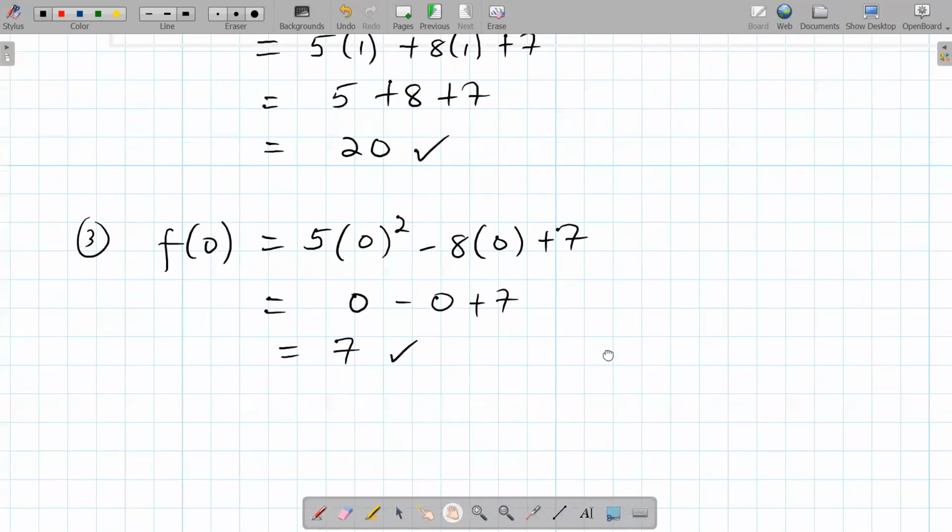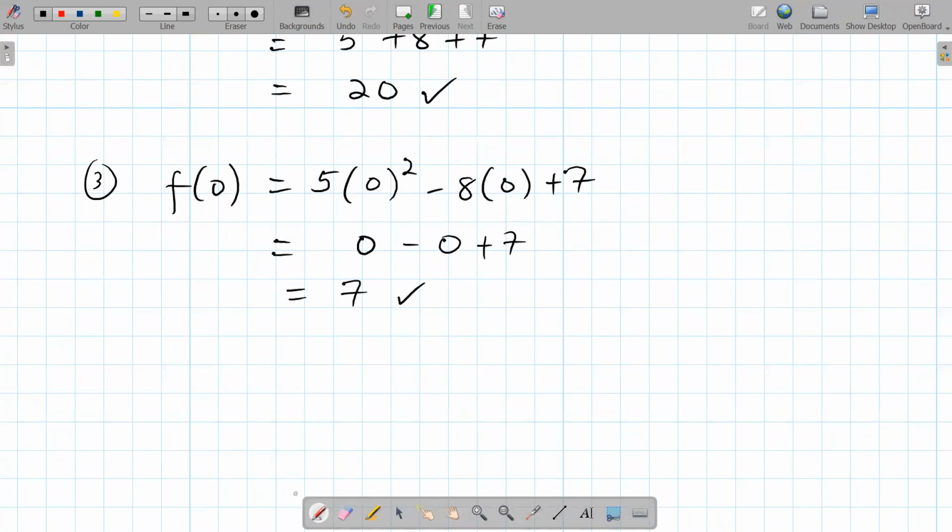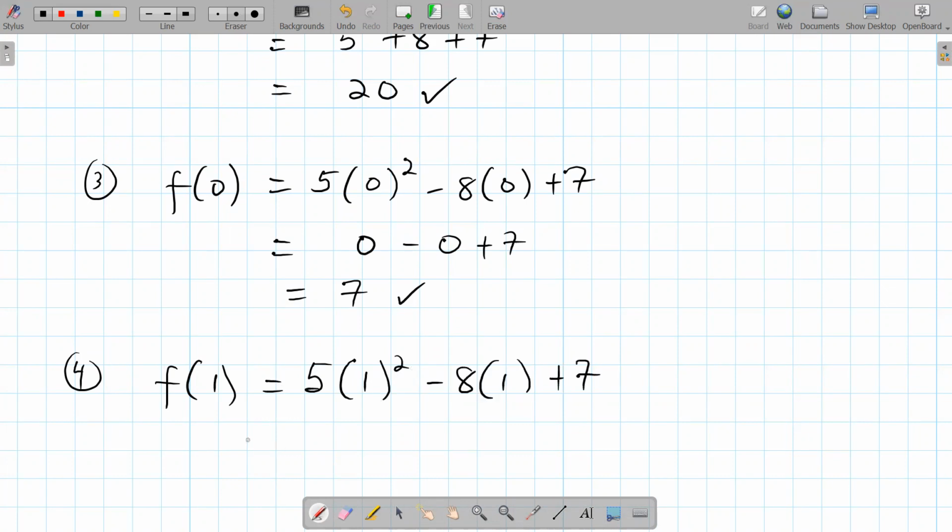And then we have the fourth one. It says f of 1. So the same thing, I'm just going to plug in 1 for x, right? So it's going to be 5 into 1 squared minus 8 into 1 plus 7. 1 squared is 1 times 5 is 5. 8 times 1 is 8, but it's minus there, so it becomes minus 8 plus 7.